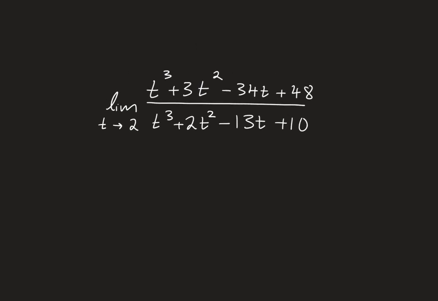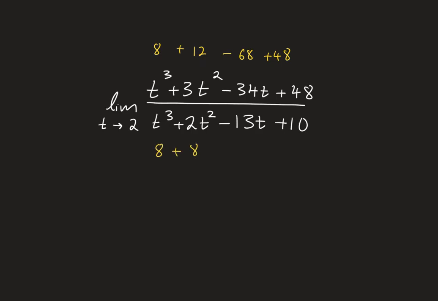I'm going to see what happens if I plug 2 in, because we might just be all good. Plugging 2 in the numerator, I get 8, and then 12, and then minus 68 plus 48. Okay, so 8 plus 12 is, oh shoot, we do have 0 in the numerator, but that in itself is not a problem.